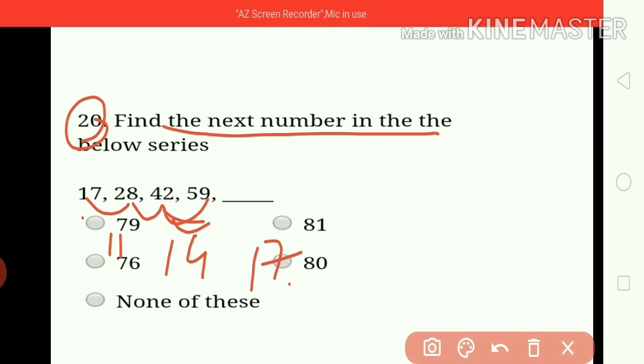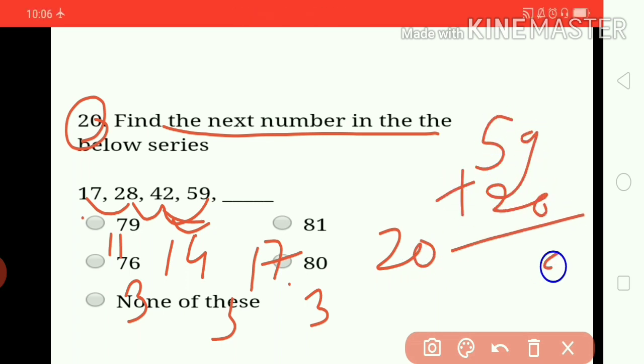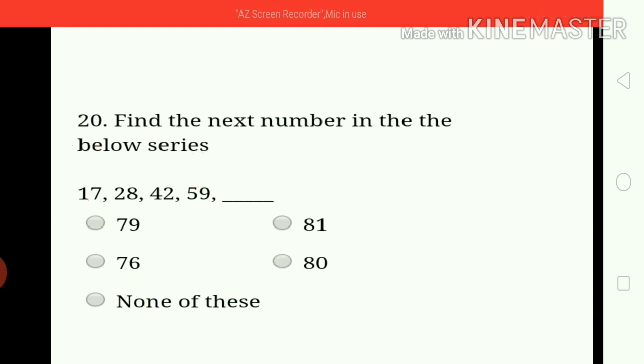So you see the difference of 3. Next will be the difference with the 3, that is of 20. So 59 plus 20 is equal to 79. So this is the first option, right?